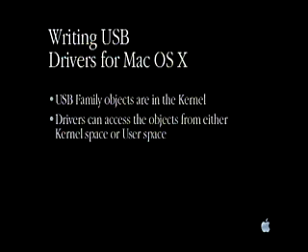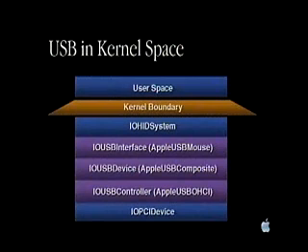User space drivers can obviously access the in-kernel objects through the device interface client that I mentioned earlier. This slide gives you just a brief description of the in-kernel objects for the IO-USB family. Those are the ones in purple, and in a later slide I will talk in some detail about them. I just wanted to give you an overview of where we fit within the user space and the kernel space.